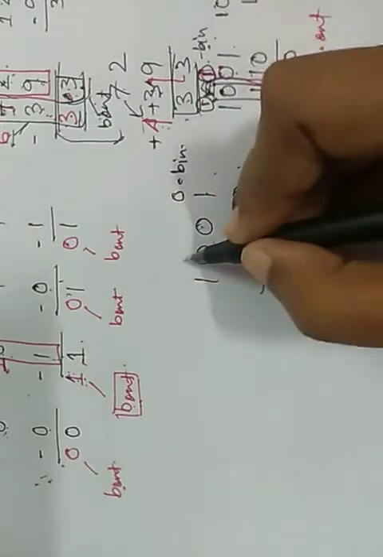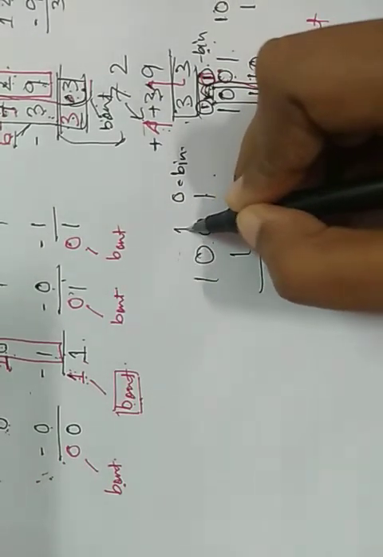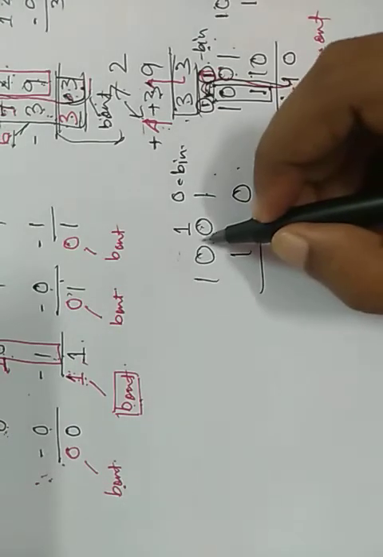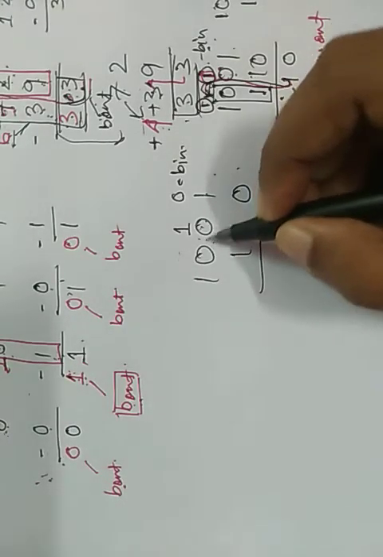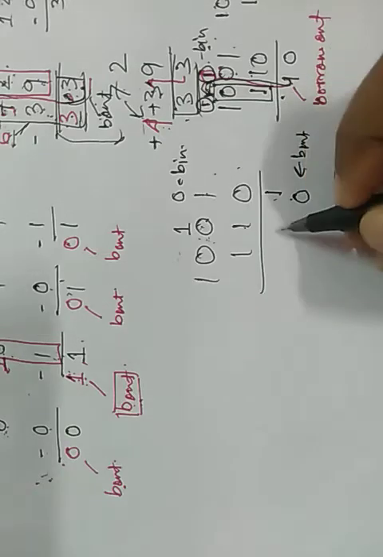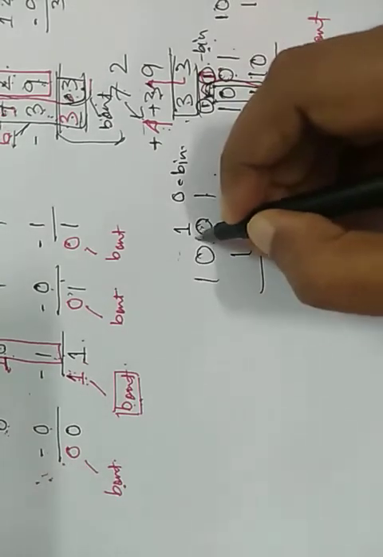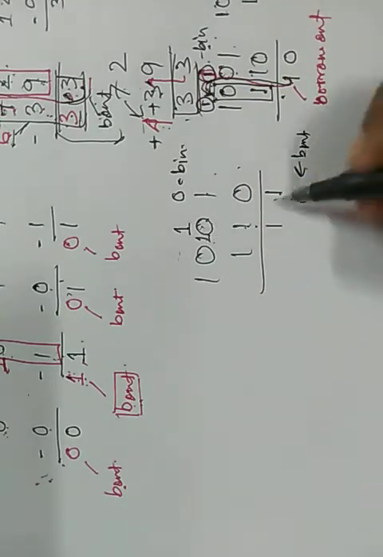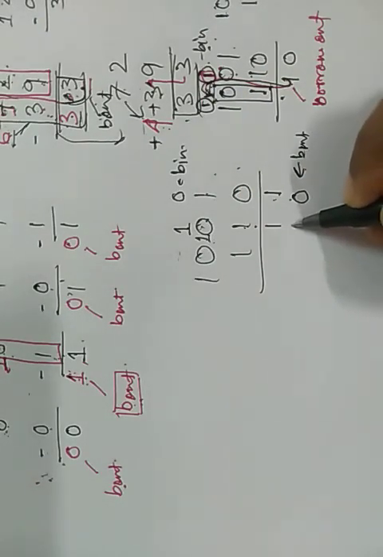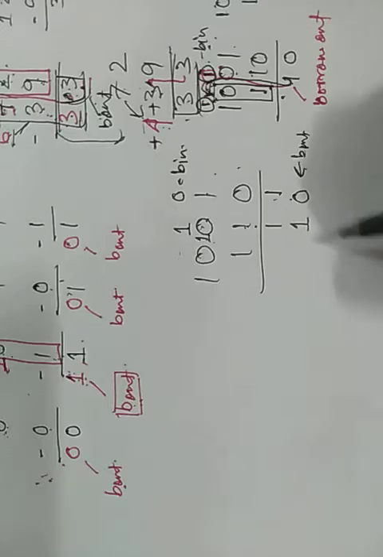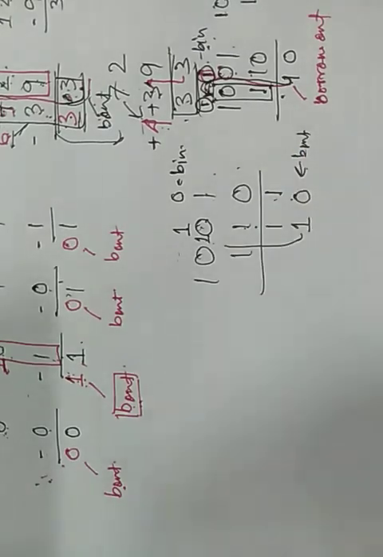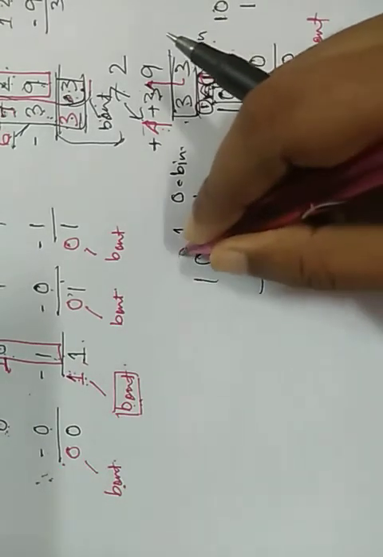In the next stage, we have to take 1 borrow in, and 1 borrow in means it becomes 1 0. So 1 0 minus 1 is 1. As 1 is there, borrow out must be 1, because this one goes into the next step.